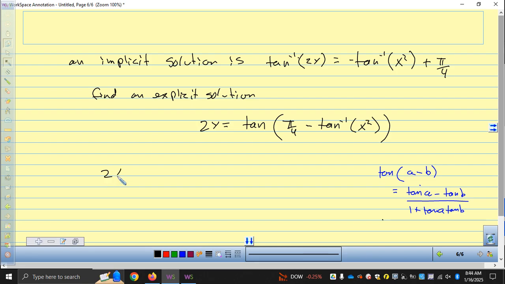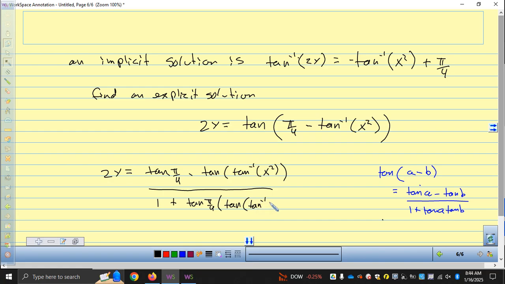So we get 2y equals tangent pi over 4 minus the tangent of the inverse tangent of x squared over 1 plus tangent pi over 4 times the tangent of the inverse tangent of x squared. I have enough parentheses there? Yes. Okay.